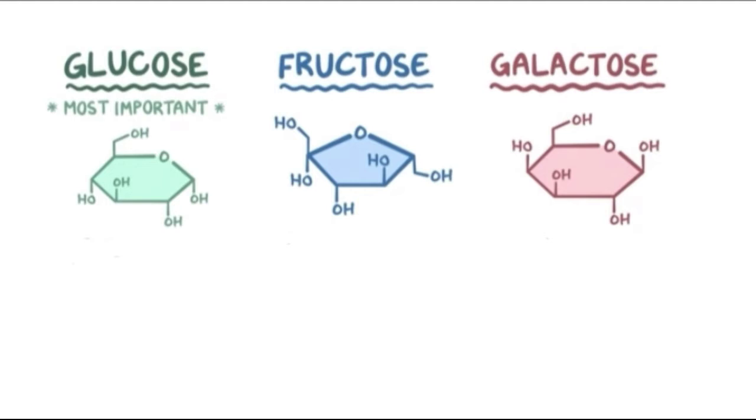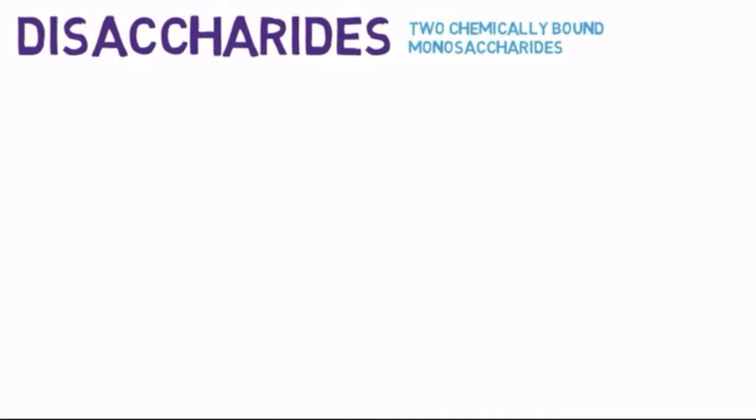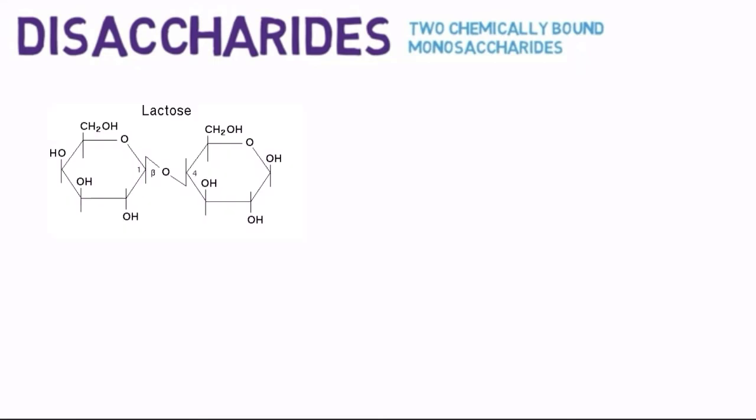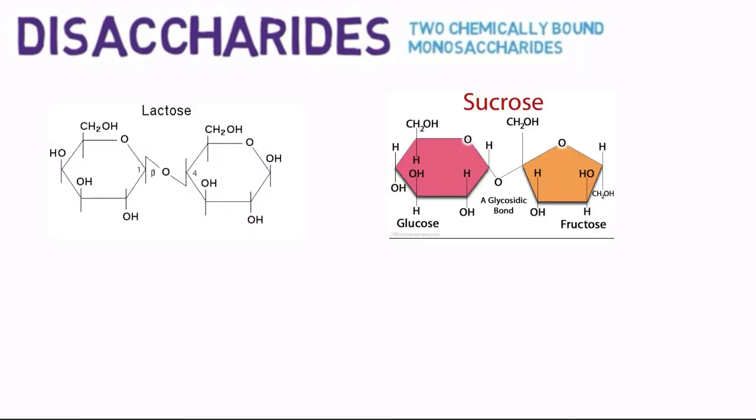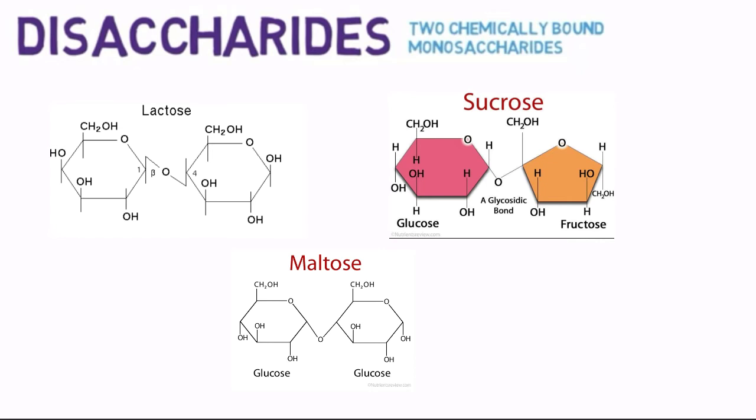Galactose is considered the milk sugar. Another simple sugar is the disaccharide, which is two chemically bound monosaccharides. Disaccharides include lactose, sucrose, and maltose.